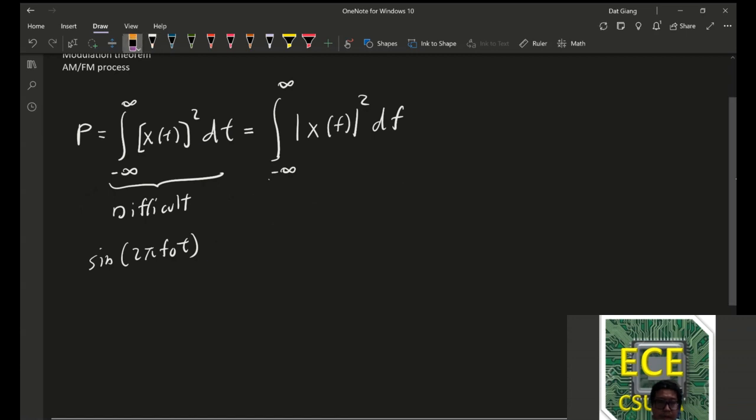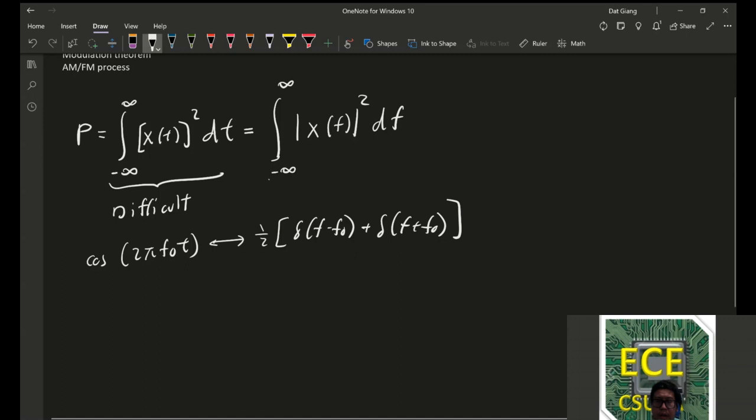Actually, the best case would be talking about cosine instead. So let's talk about cosine instead. In cosine, we have to square this, expand it, and then integrate it from negative infinity to infinity. A little too difficult. Whereas for this, we have 1/2 delta(f minus f naught) plus delta(f plus f naught).